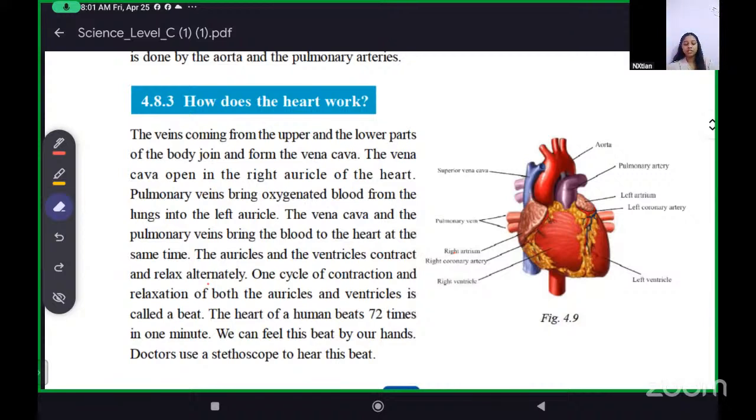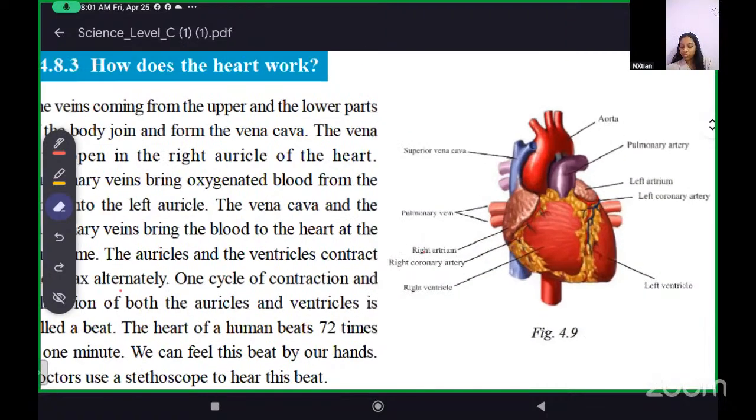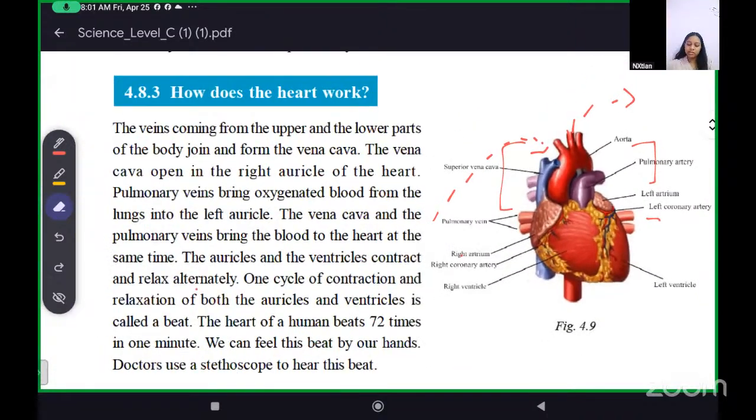The veins coming from the upper and lower parts of the body join and form the vena cava. The vena cava opens in the right auricle of the heart. Then the pulmonary veins bring oxygenated blood from the lungs to the left auricle. The vena cava and the pulmonary veins bring the blood to the heart at the same time.